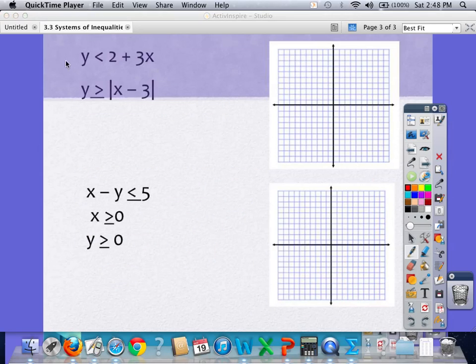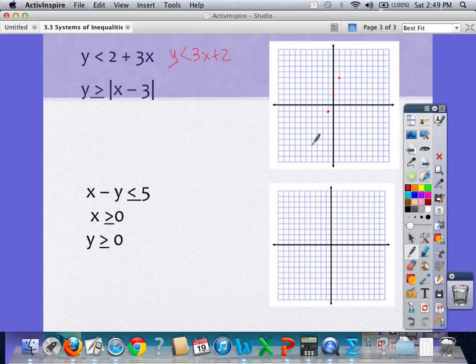Now we have y is less than 2 plus 3x. If you have problems with this, you can switch it around so it's y is less than 3x plus 2, so you can see where it crosses the y-intercept. This one is going to cross the y-intercept at 2, shifted up 2, with a stretch of 3: 1, 2, 3. Let's go the other way too.